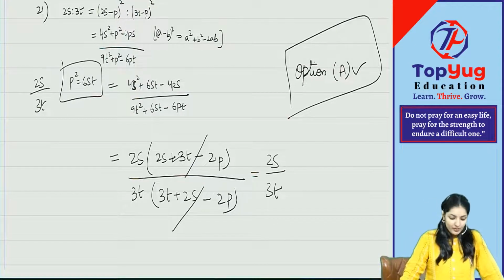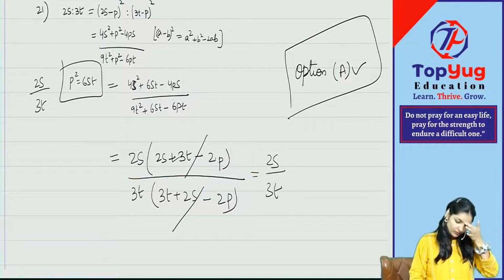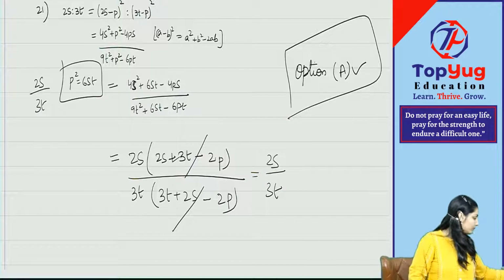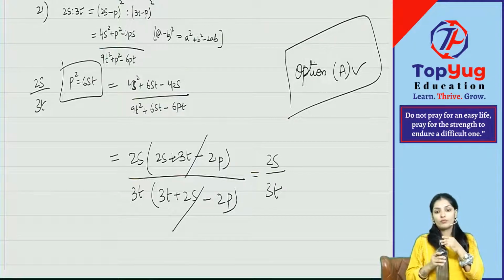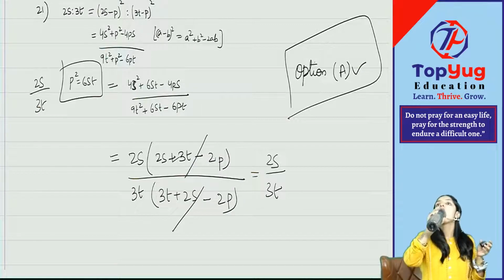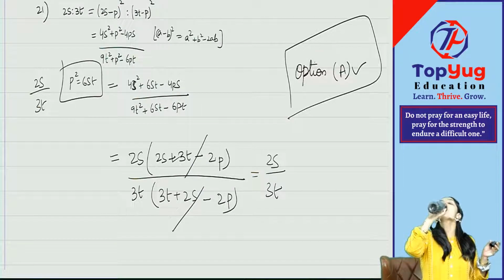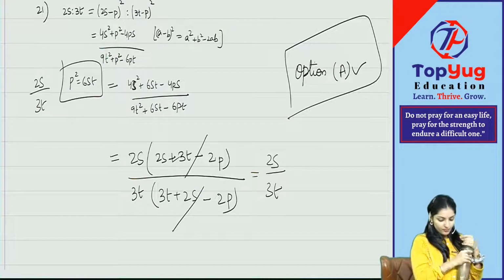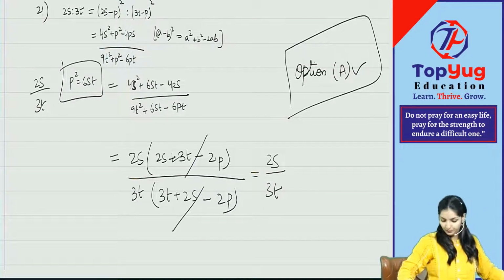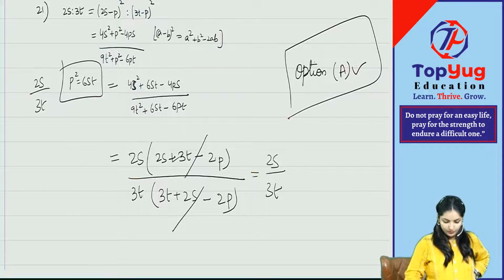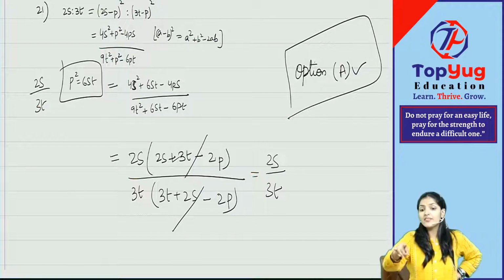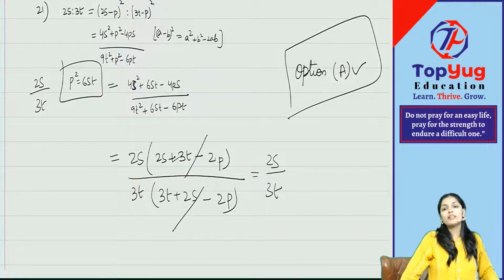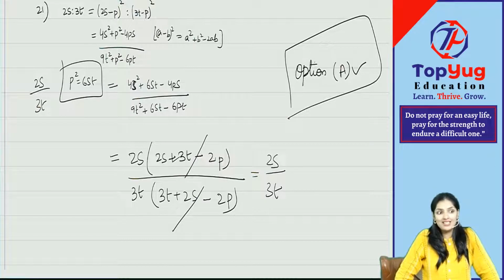Just rectify it, everyone. 2 is to 21, 7 into 3. In the denominator, 3 is also left over. We had put 7 yesterday.